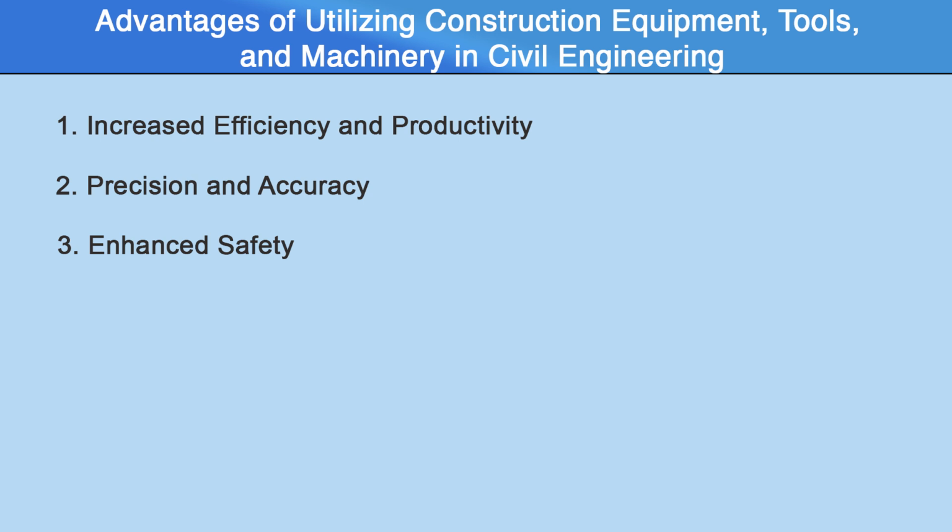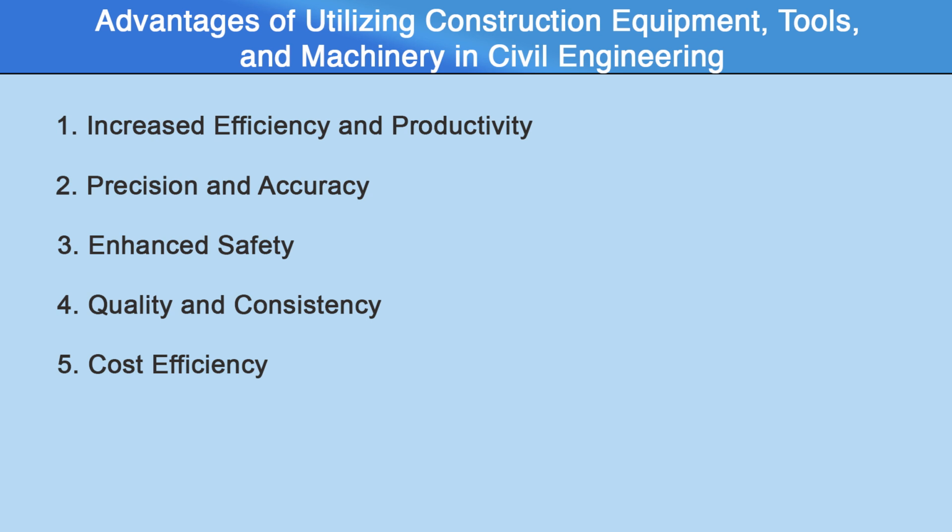Safety harnesses, guardrails, and PPE further protect workers from potential hazards. Quality and consistency. Automated machinery such as welders and concrete vibrators ensure uniformity and high quality workmanship, resulting in structurally sound and aesthetically pleasing constructions.